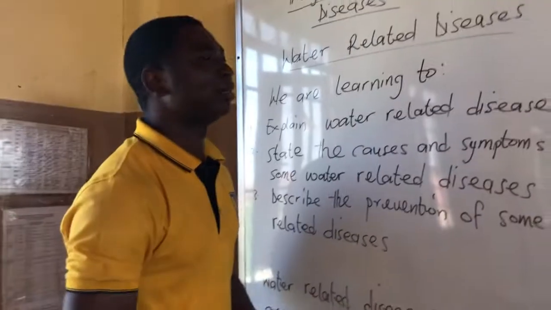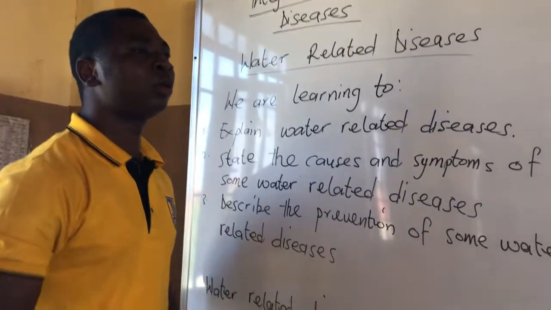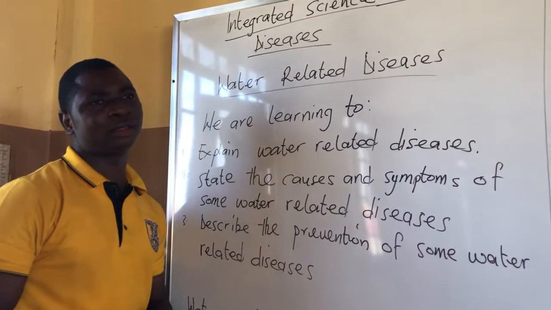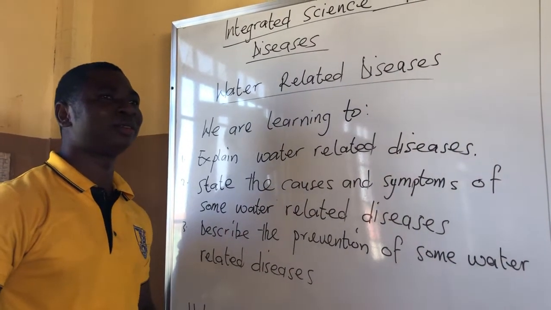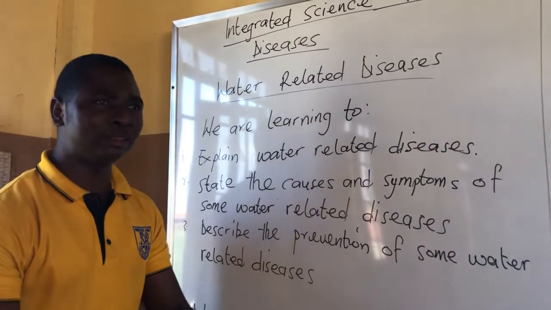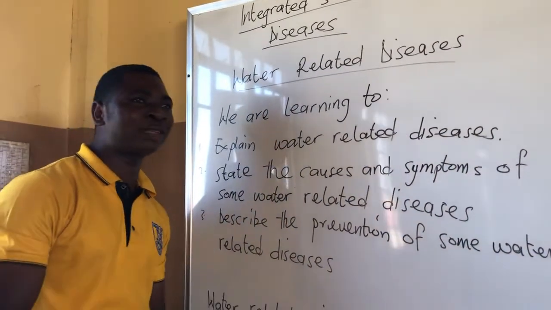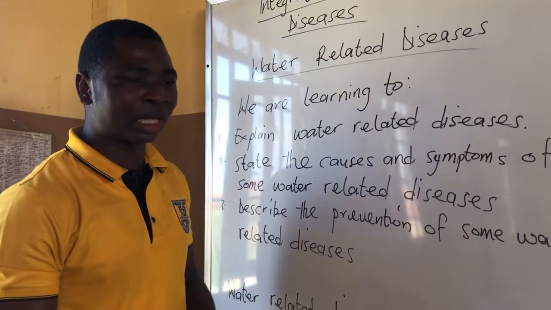When the water that we are to drink or use to cook is contaminated and we use it, we will get some diseases. Water-related disease is also known as waterborne disease, meaning that water sometimes bears some diseases. So when we drink that water, we will not be safe.